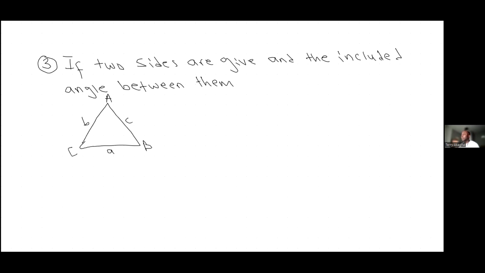So what we are saying is that if, for instance, you have it like this, we know the side here is C, and you have B and A. Are you seeing it? You're having two sides and the angle between them, or you have it like this. The angle here is A, and you have the sides between them, B and C, or you have it this way.